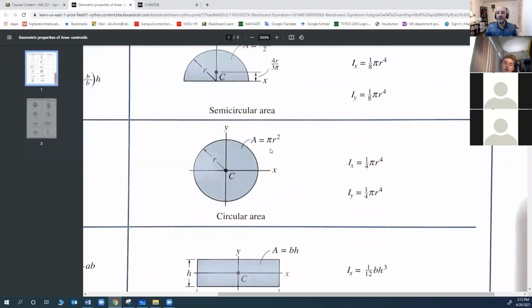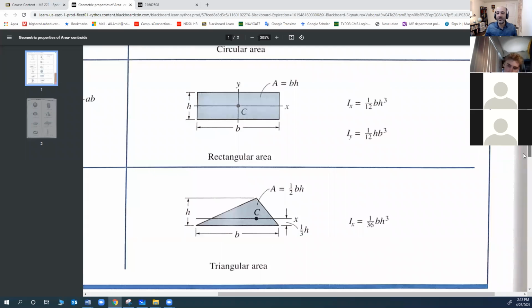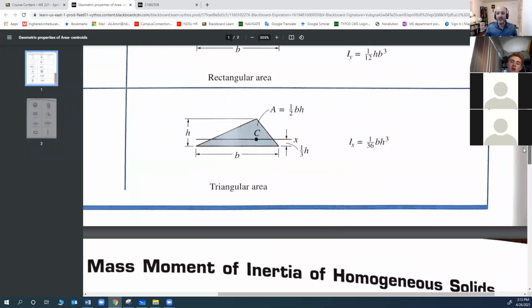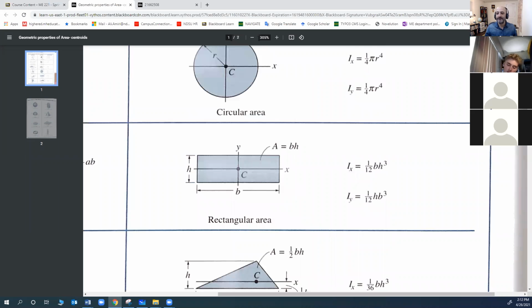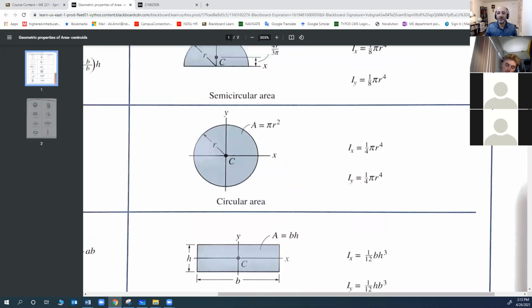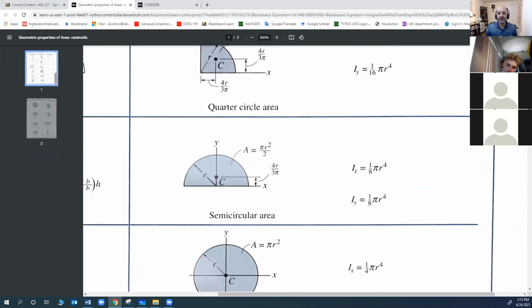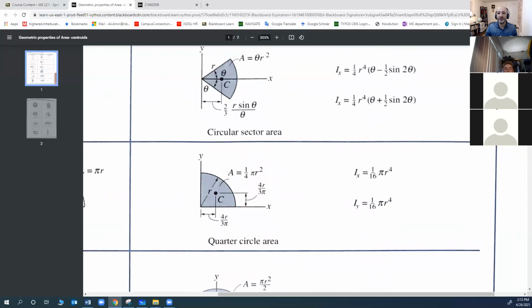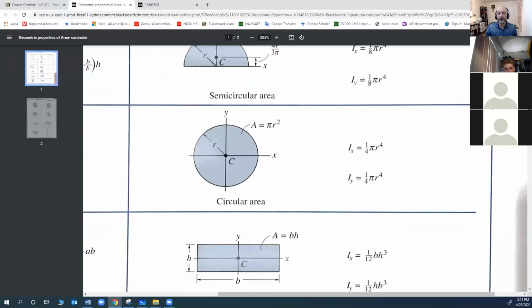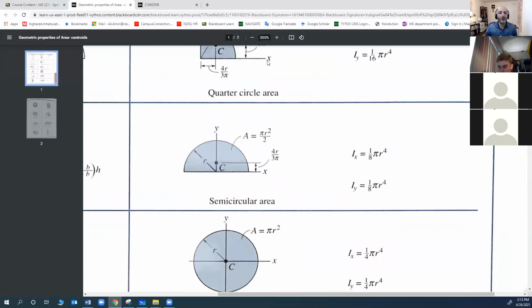So usually the regular areas are listed. Remember the triangle, 1/3? We used this before, 1/3 from the base. Rectangular area is in the center, circle in the center, a half circle, a quarter circle, a circular section, and all of that. All right. So this is the meaning of these tables.